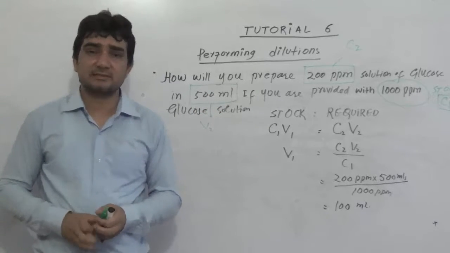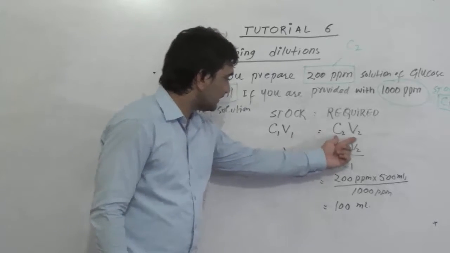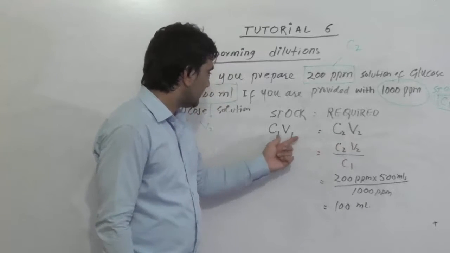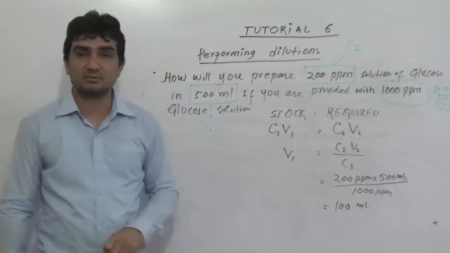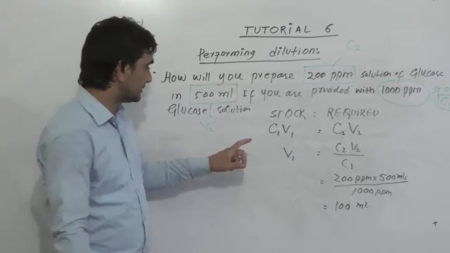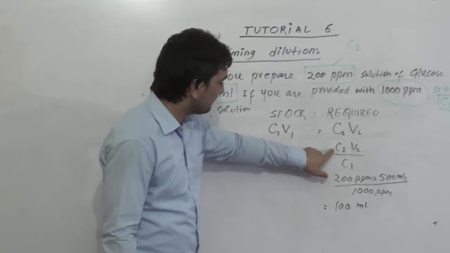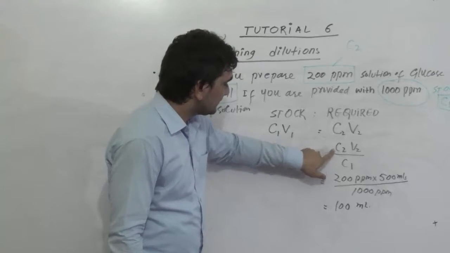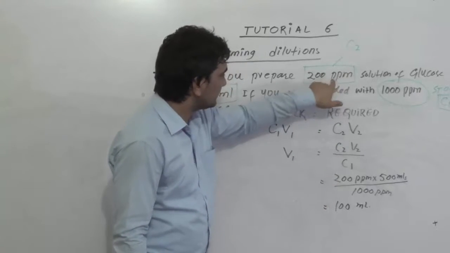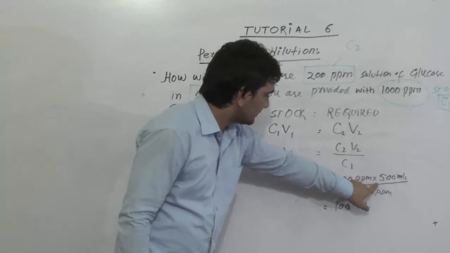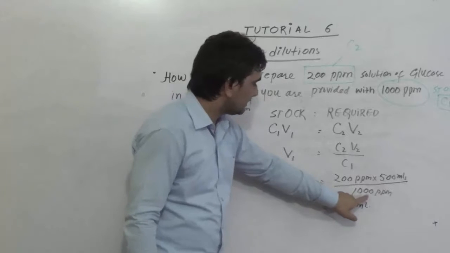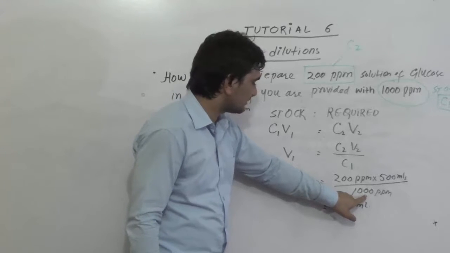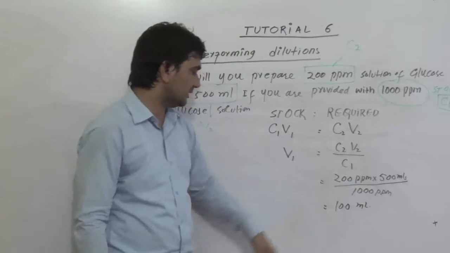Putting all these values in C1 V1 = C2 V2, we need to calculate V1, the volume of the stock solution required to make this desired solution. So we'll put C2 as 200 parts per million, and V2 as the volume, 500 ml, and then the concentration of the stock solution is 1000 ppm, C1.